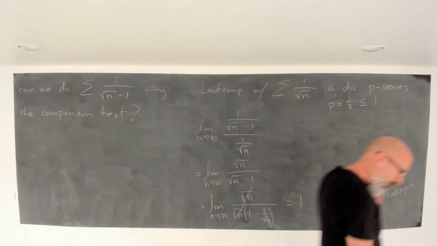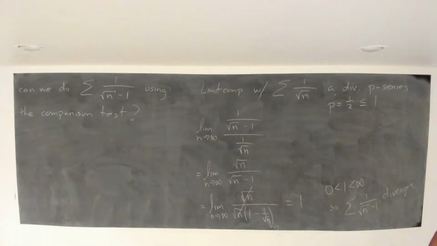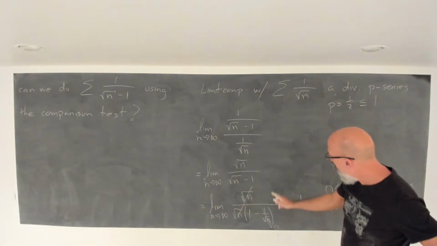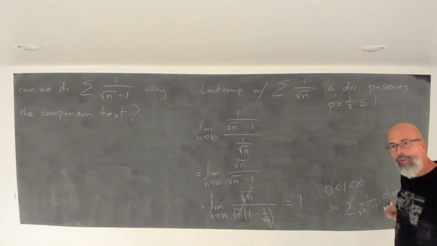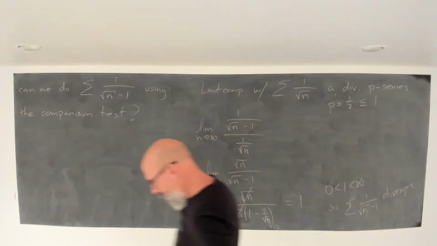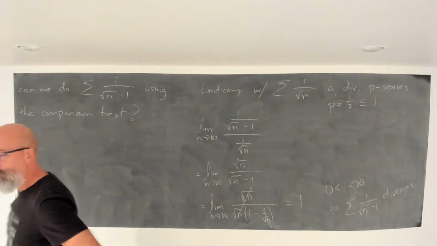Let's try. And what am I going to say? I'm going to say that we already know what the answer is going to be, right? We already know that it should diverge.